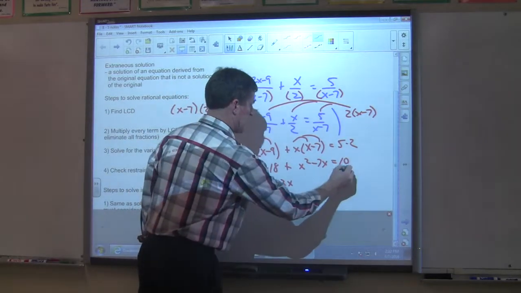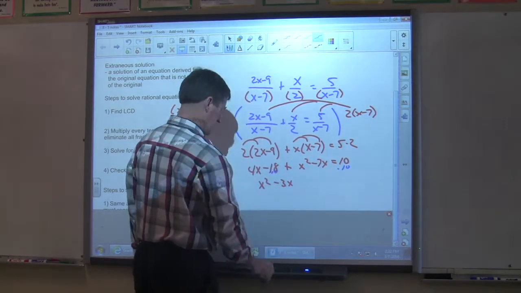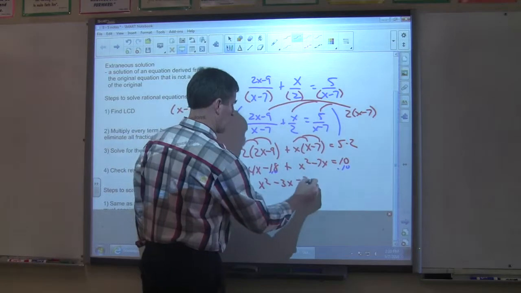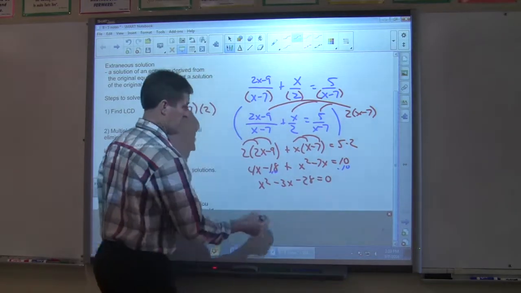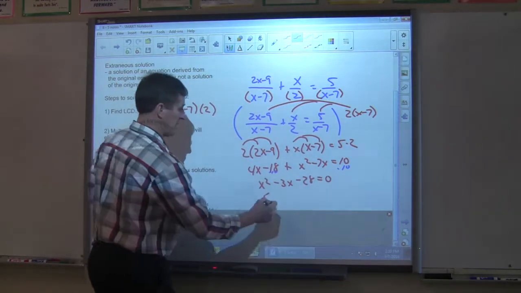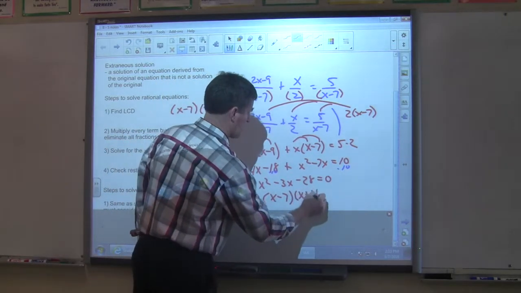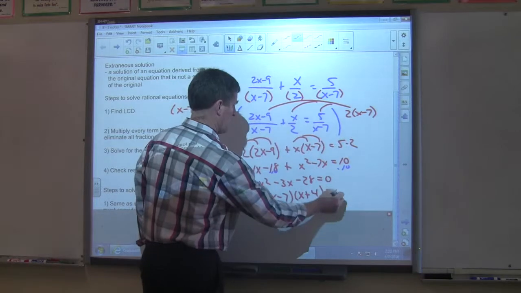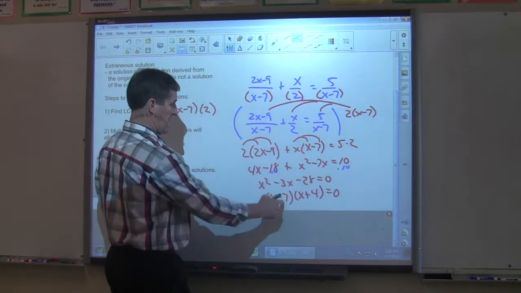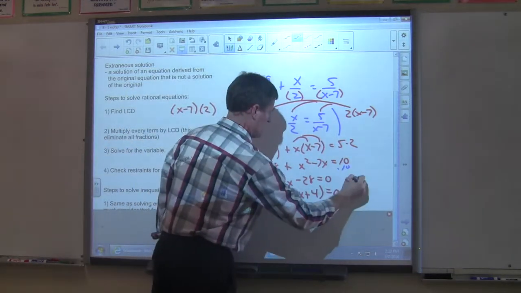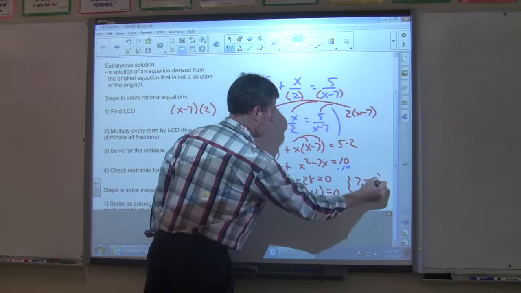I'm going to move this 10 to the other side by subtracting it. So I get minus 28 equals 0. Now again, you would use the x method, but this factors into (x minus 7)(x plus 4). And so my answers are the opposite of this divided by that. So we get 7 and negative 4.